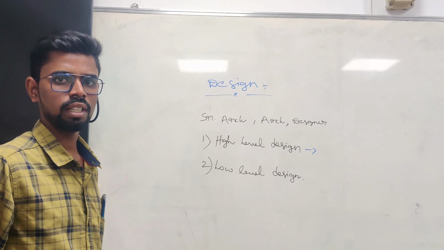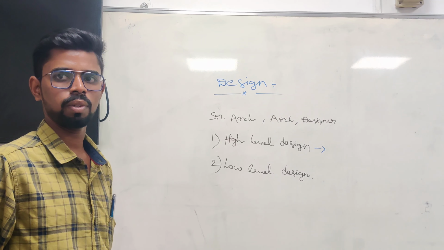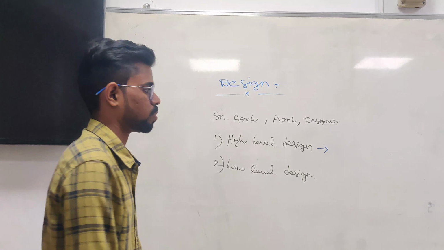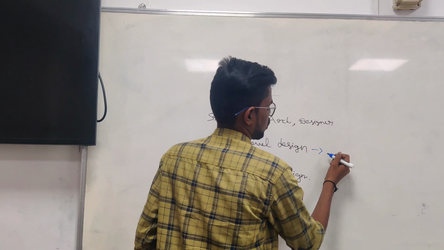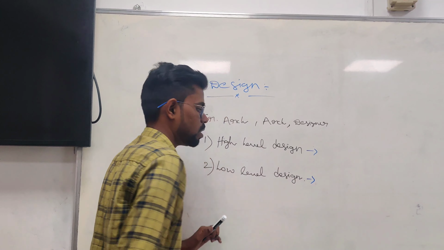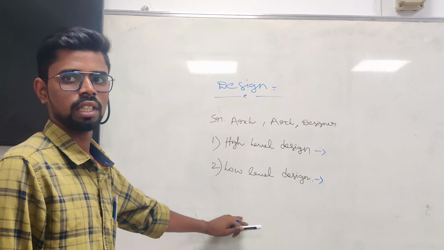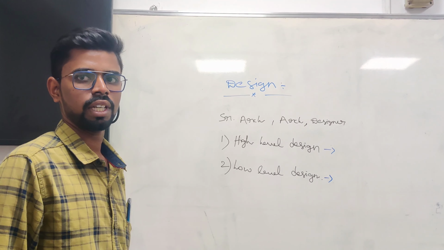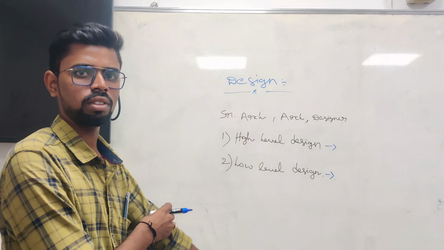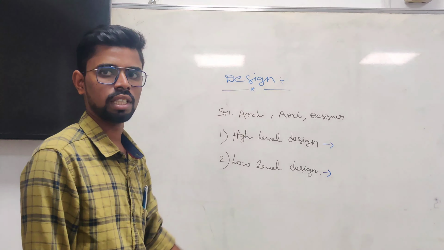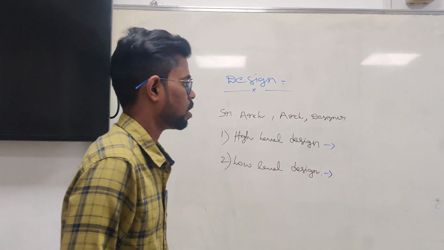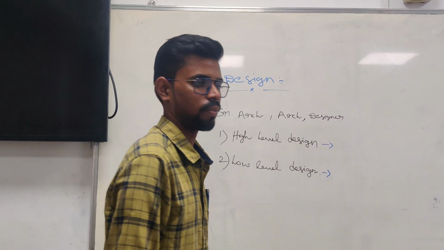In high level design, the architect will develop the main modules of the application, and in low level design, the architect will develop each and every individual module. For example, let us take one book.